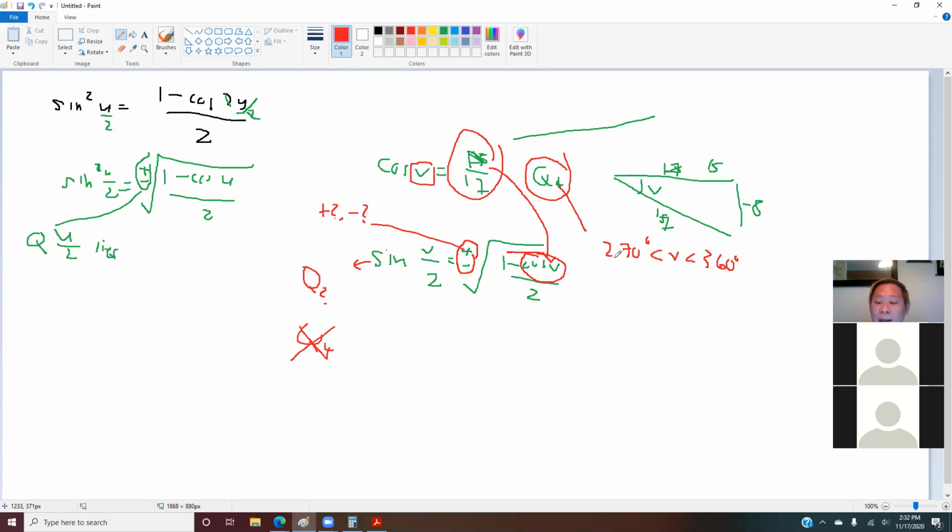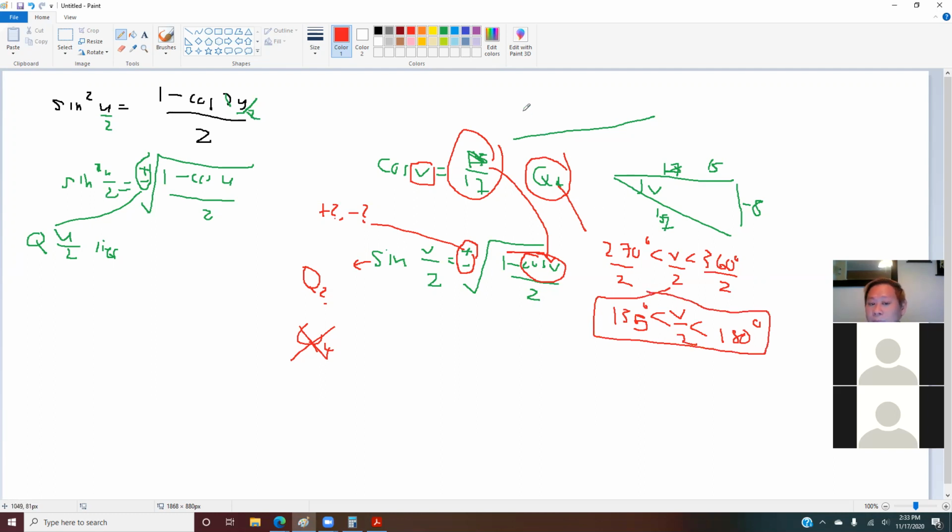So when you divide this by 2, then you will get v over 2. And now we can figure out what quadrant this belongs to. This is 180, and this is 135 degrees. What quadrant do 135 and 180 belong to?